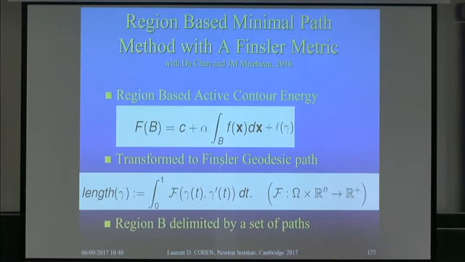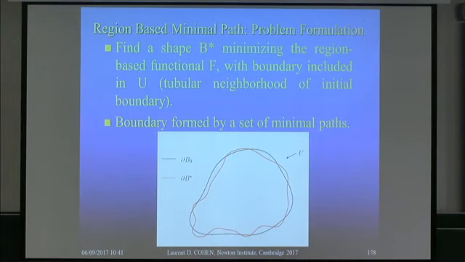So here, in fact, in order to be able to transform this integral, you will formulate the problem as finding a shape B star in red inside a tubular region around the initial curve B. And then you will find this red curve as a set of minimal paths, which will be global minimum according to the Finsler metric.